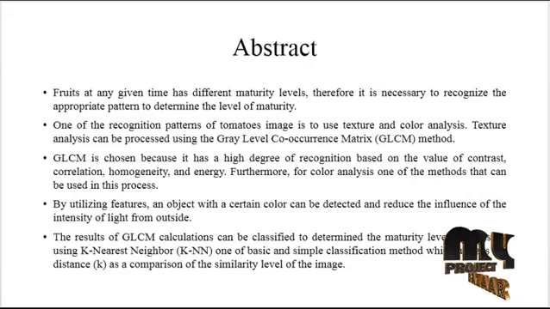After applying GLCM, we are going to apply K nearest neighbor classification to detect whether the quality of the fruit is good or bad. Then the performance of the classification will be estimated based on performance parameters like accuracy. By using that accuracy, we can justify whether our process is doing well or not.